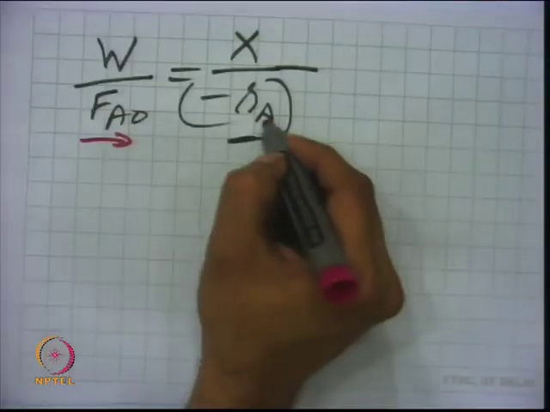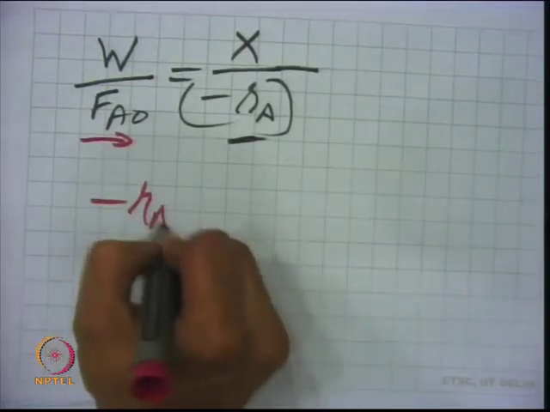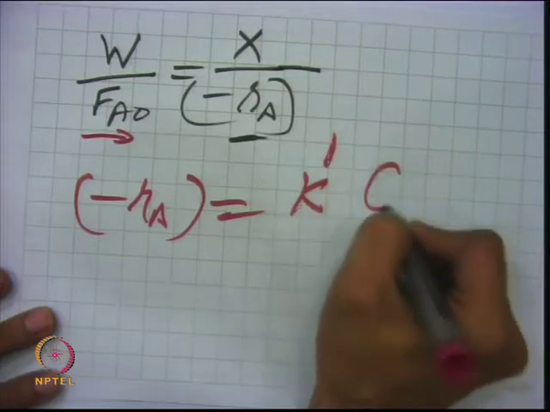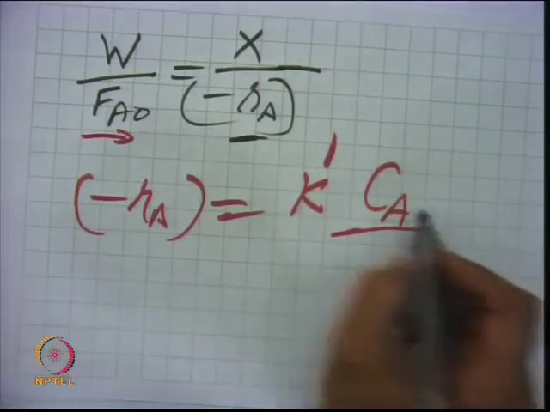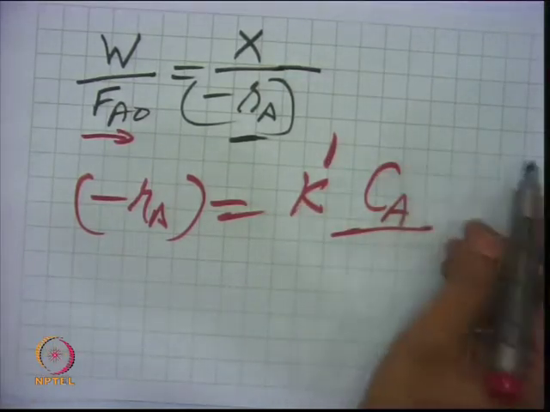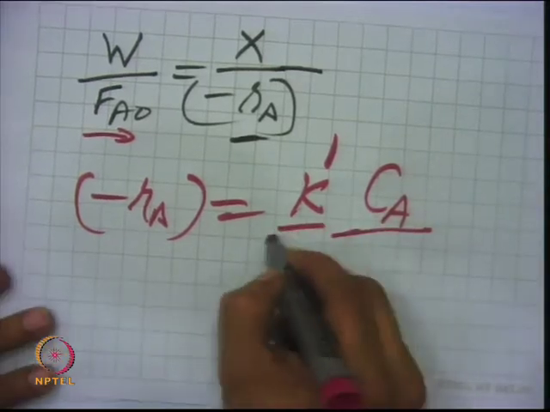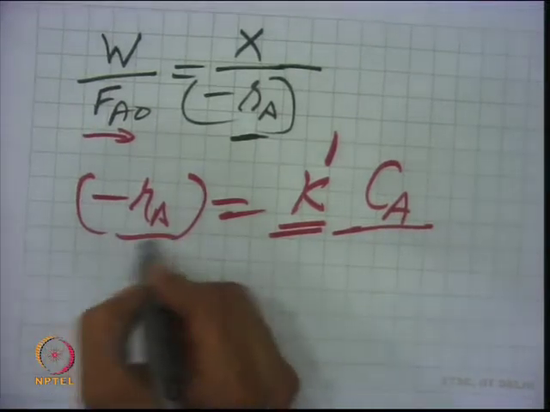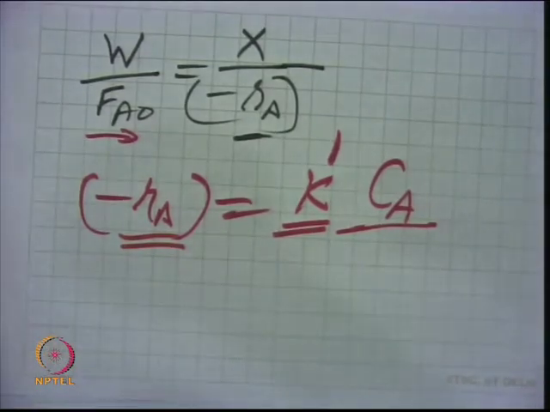So, the overall rate one can write as something like minus R A is equal to some constant K dash times whatever the kinetics say, if it is first order, or whatever the nth order, C A to the power n. But this is not just the kinetic rate constant, it will also include a contribution of the mass transfer resistance. So, that is important, how to find this rate of reaction in the case of a fluidized bed reactor, that is one thing.